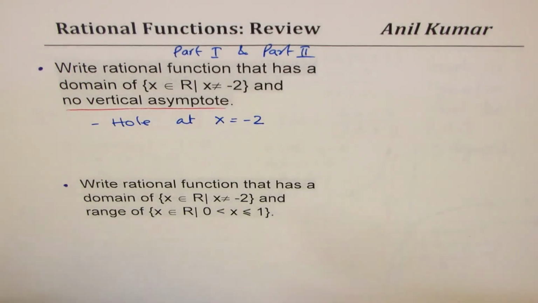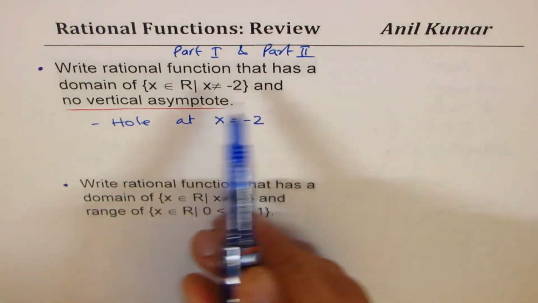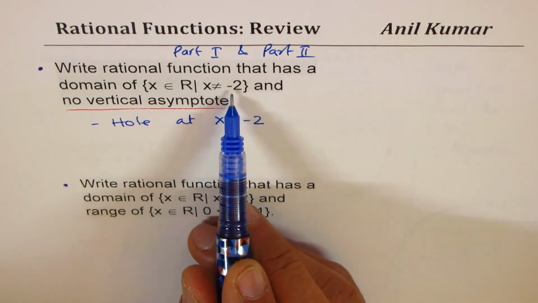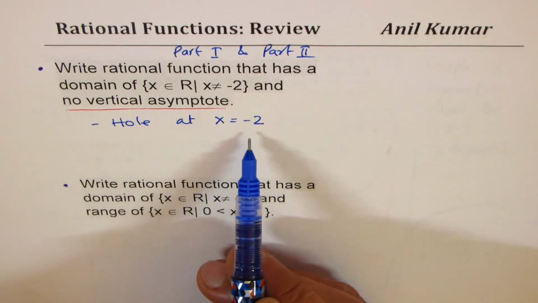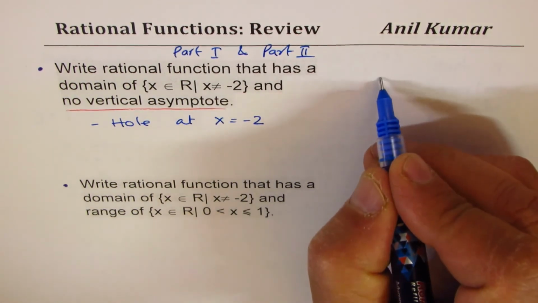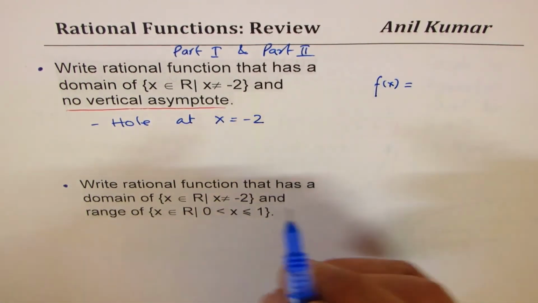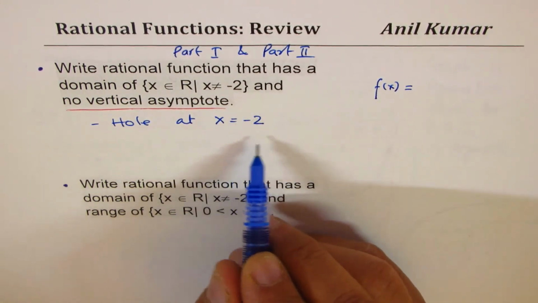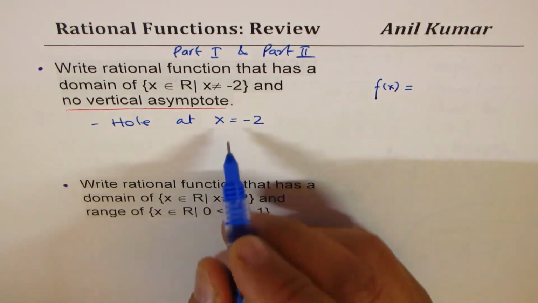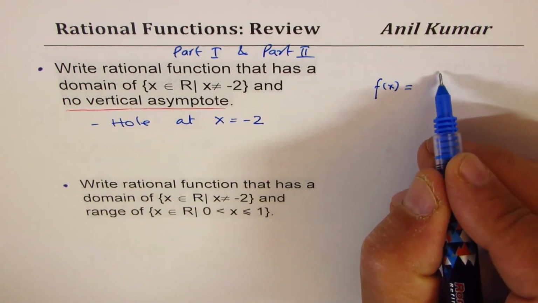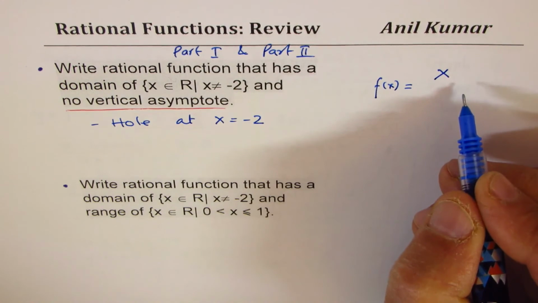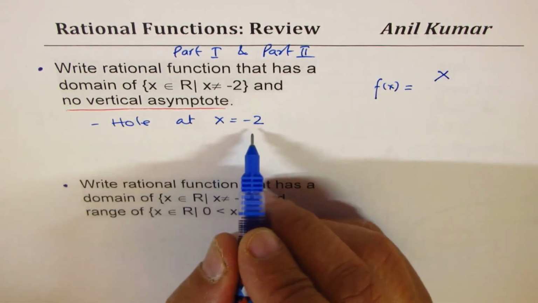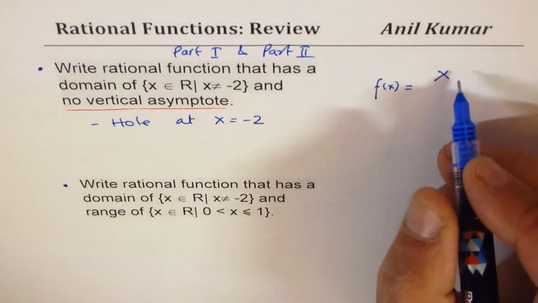Got it? So a rational function that has a domain of something like this and no vertical asymptote could be like this. So we could write this function f of x as equal to, since I want to make this part a whole, so the domain is all real numbers and no vertical asymptote. So we'll have this factor common.